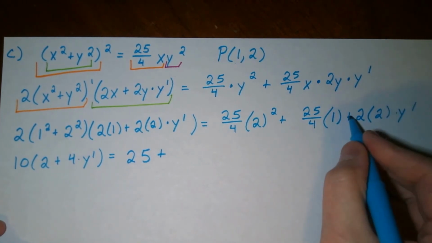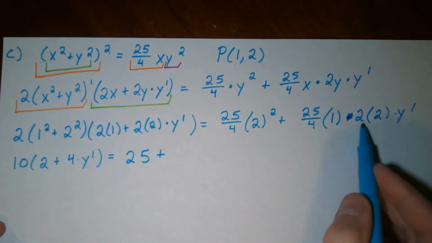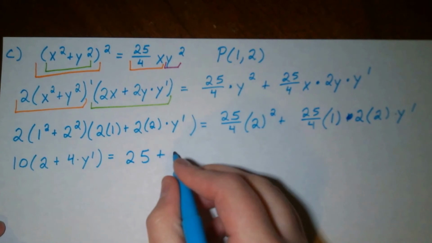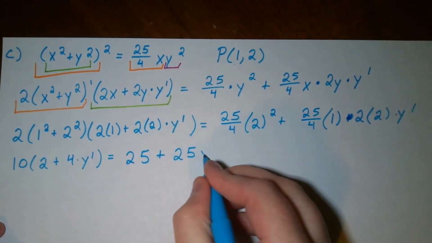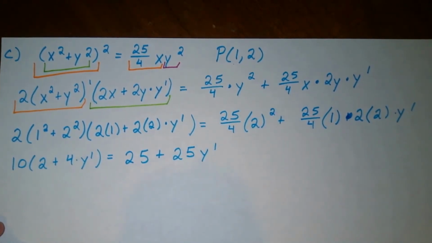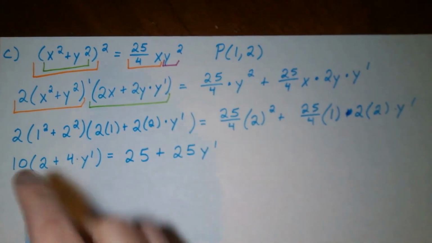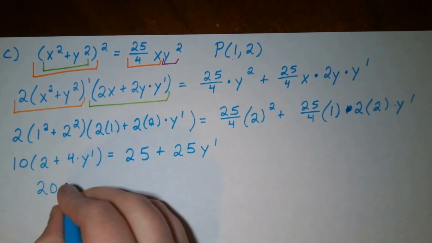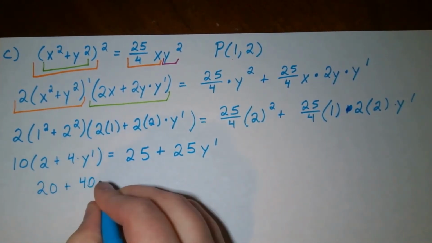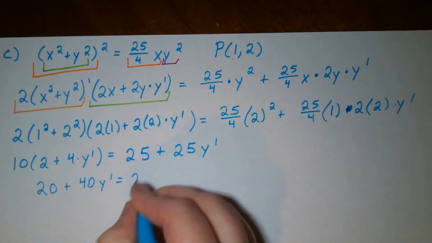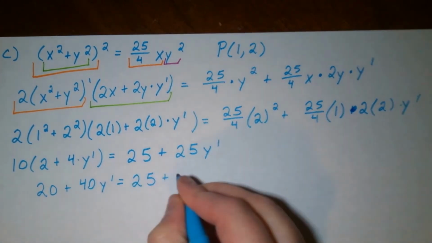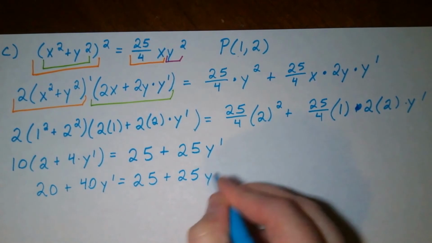Oh, you know what? I put plus. That should be times. Times 2 times 2. Those are going to cancel out, and I will have 25 again times y prime. All right, let's go ahead and distribute this 10 through. So that's going to be 20 plus 40 y prime equals 25 plus 25 y prime.